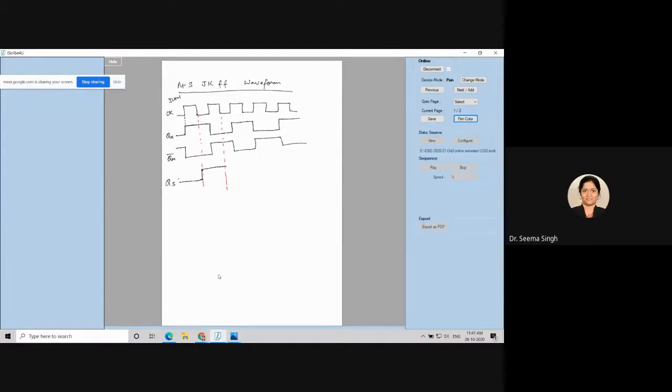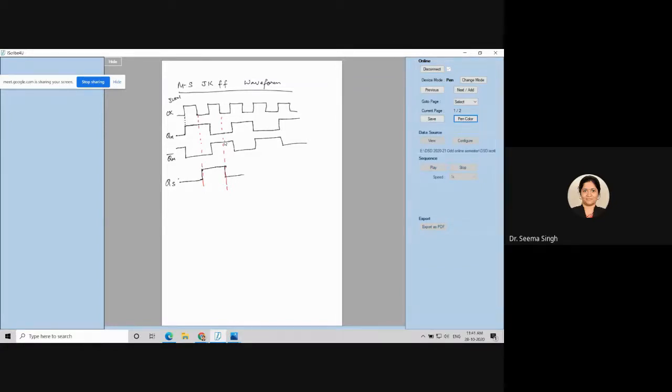And what will happen now? You can see here that QM bar is high at this negative edge, and that was your reset. So it will change its state at the negative edge like this.